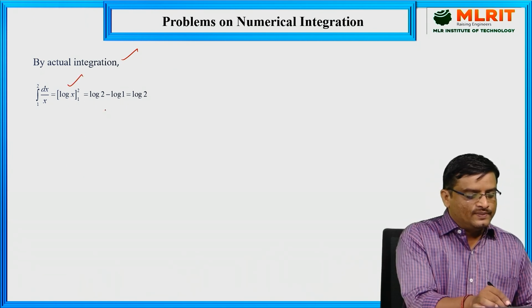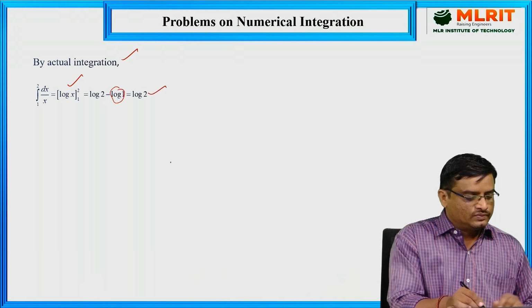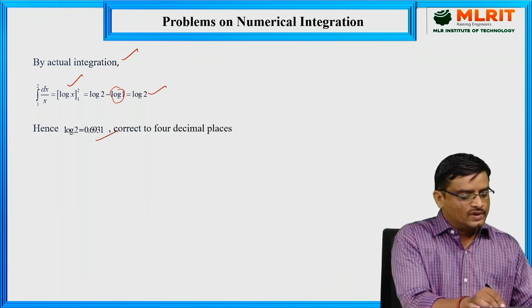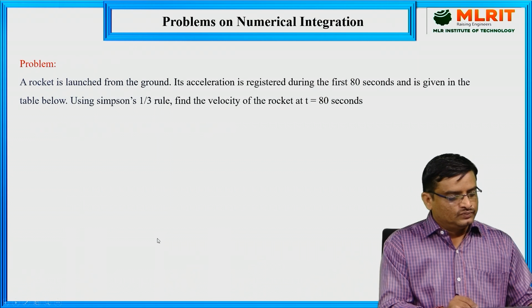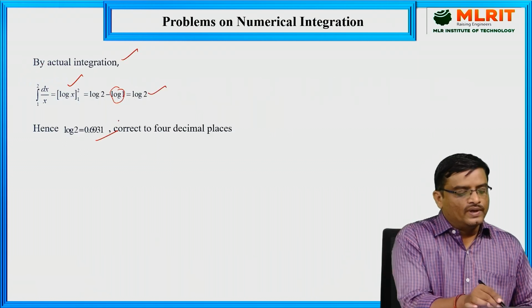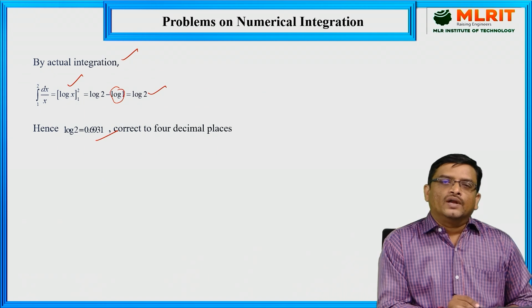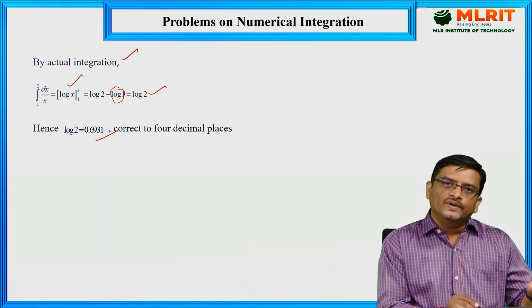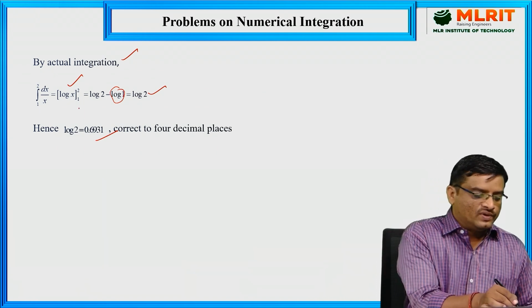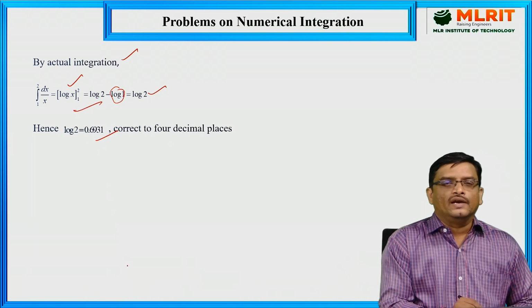So substitute the limits, log 2 minus log 1, and log 1 is 0. So you will get log 2. This log 2 value is equal to whatever value we got here. So this is the way how we can apply this Simpson's 1/3 rule, and how we can compare the numerical solution with the exact solution that we got by using these standard integral formulas.